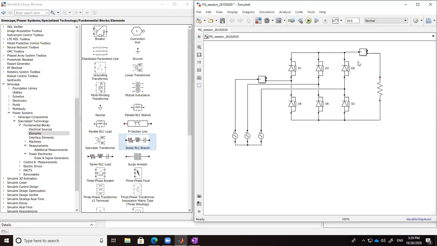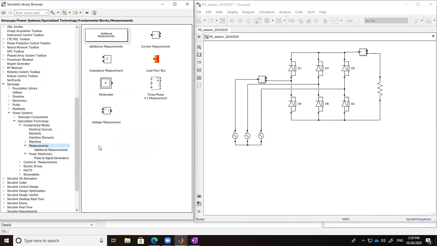Okay. So we have connected an ammeter in series with the load, and then go to measurement and measure the voltage. Right? One voltage is measured across the load on the output side.